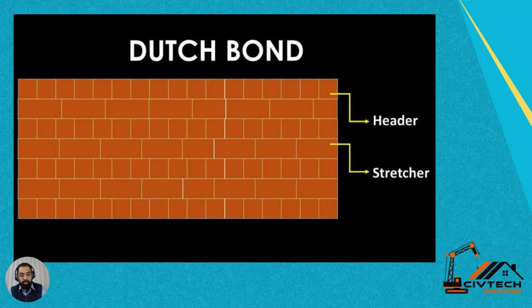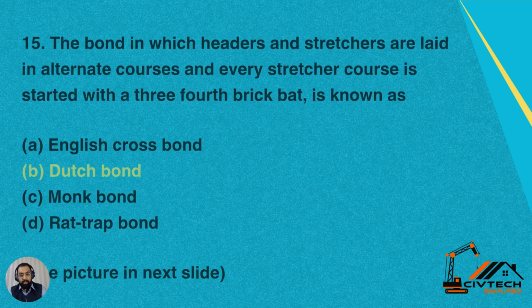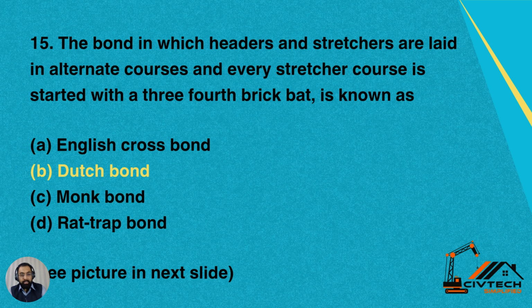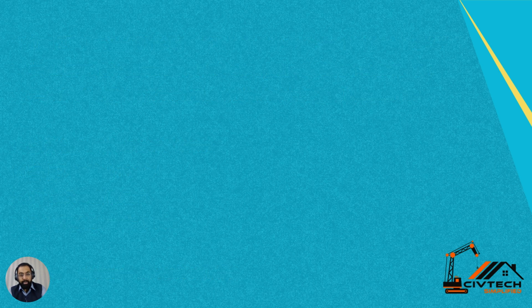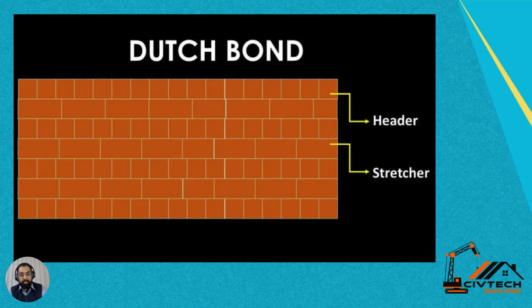So this is basically an example of Dutch bond. You see at the top, it's all header course, and then the second one is the stretcher course. But you see, this stretcher course is starting with a 3/4 brick bat.